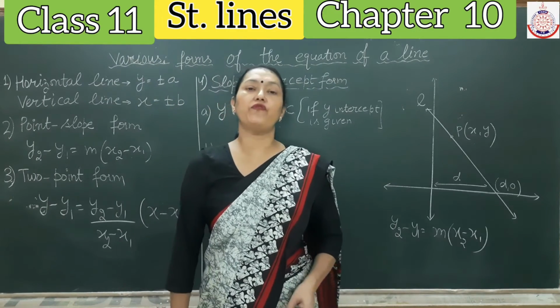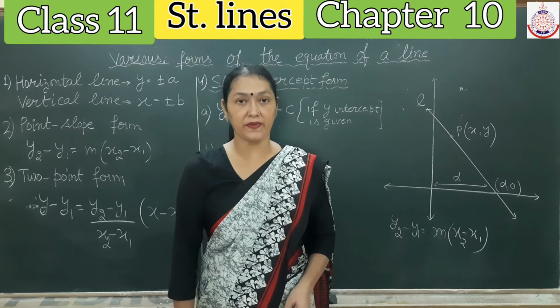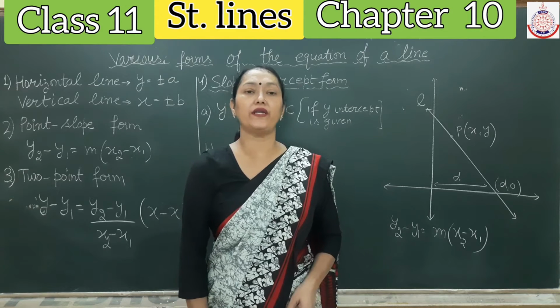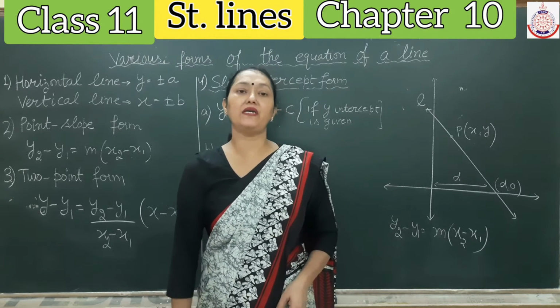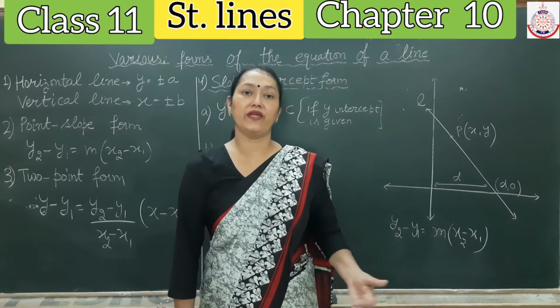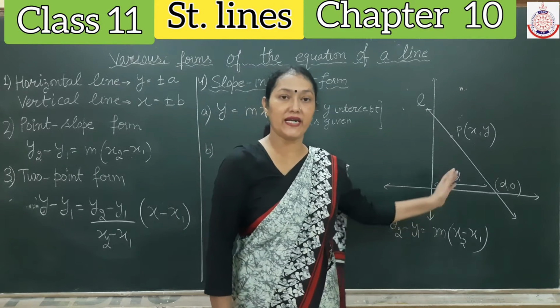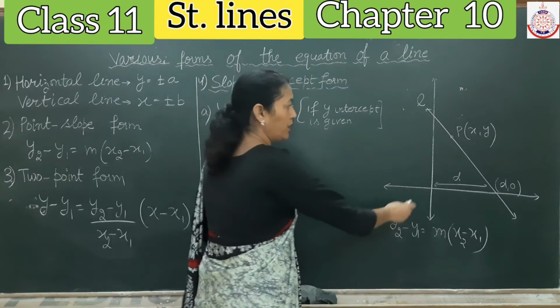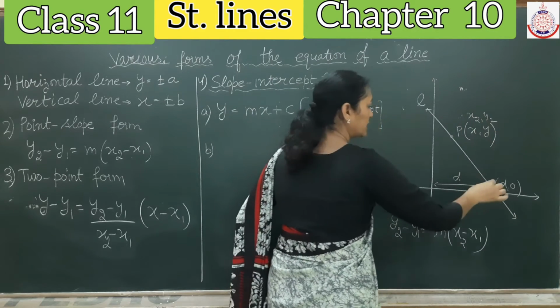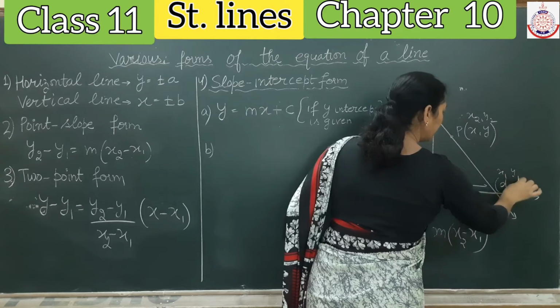Now in place of y-intercept, if x-intercept is given, that means we are given that line L is passing through a point (d, 0) and P is any other point having coordinates x and y on the line. Then this point slope form will get converted into, this is (x2, y2), this is (x1, y1).